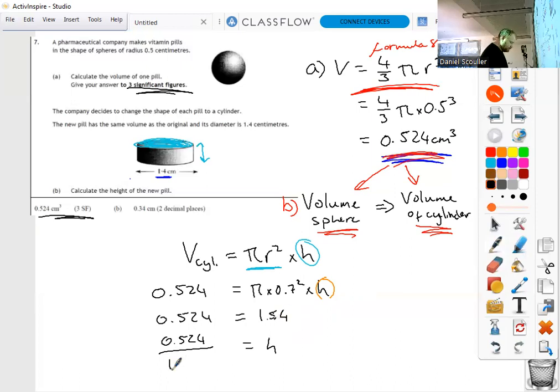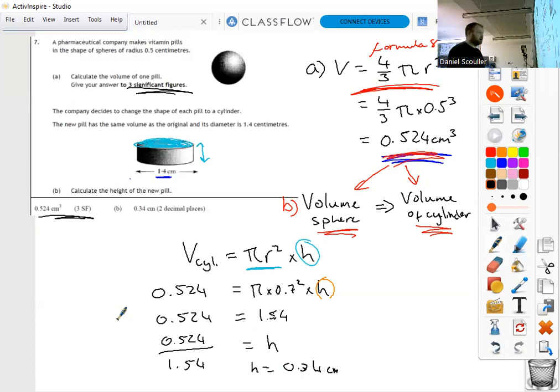And that would be divided by 1.54 and give us a slightly more realistic answer for h. Okay, so h equals 0.524 divided by 1.54, which is 0.34 centimeters in height.